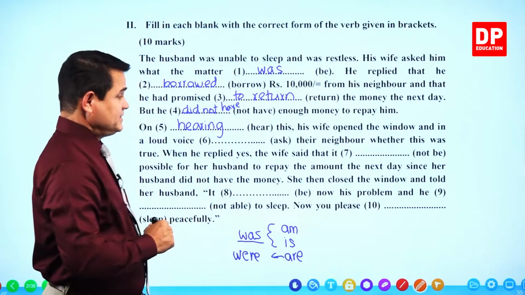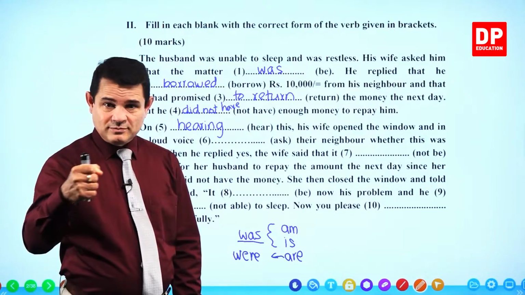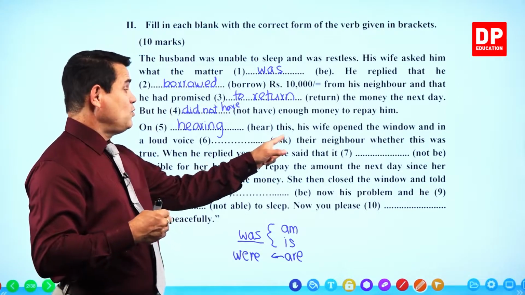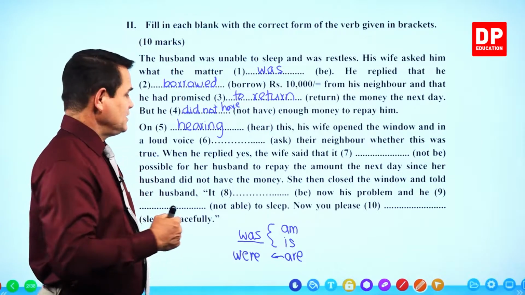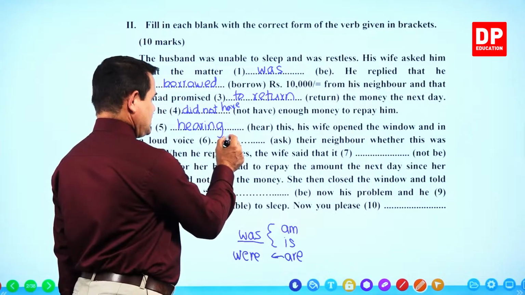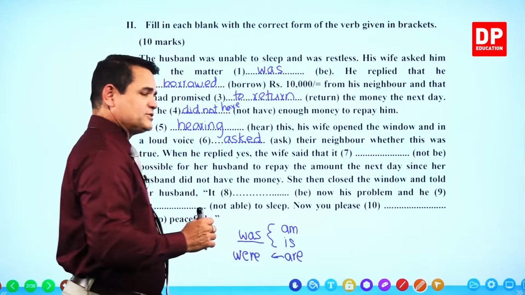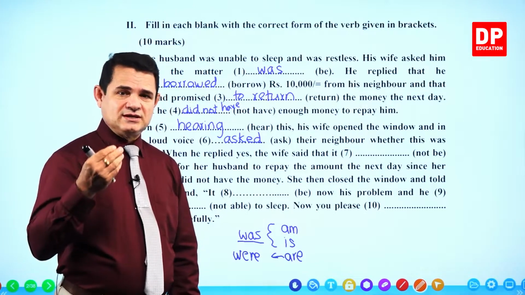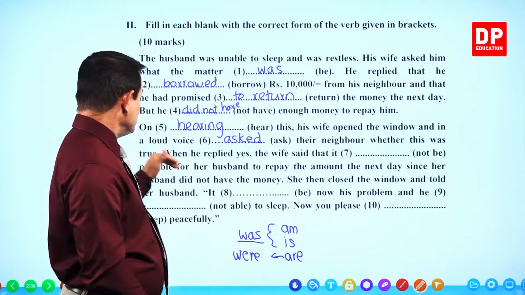On hearing this, his wife opened the window and asked in a loud voice, in past tense asked, their neighbor whether this was true.